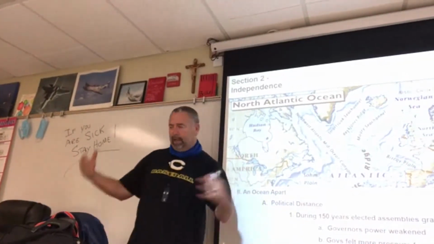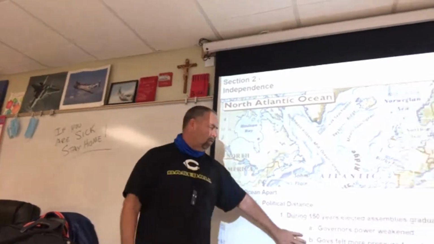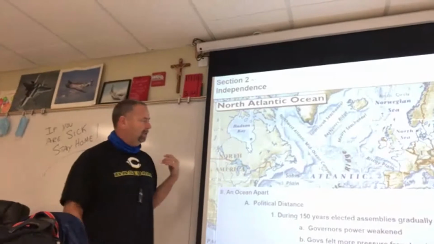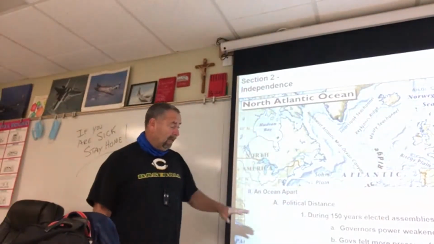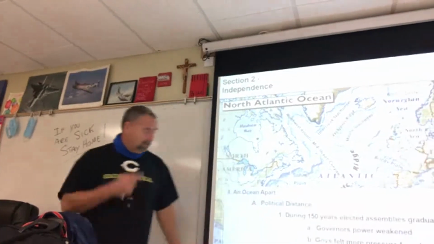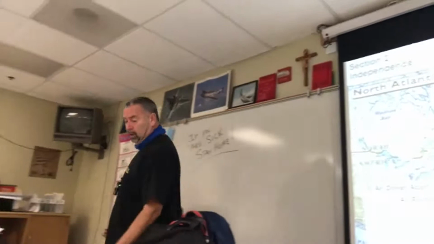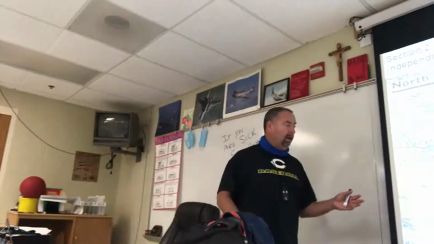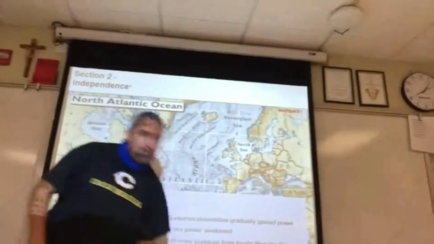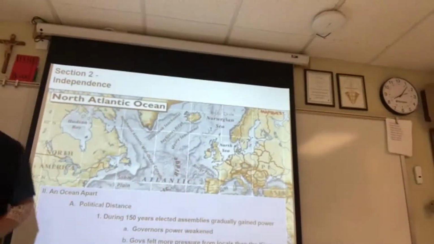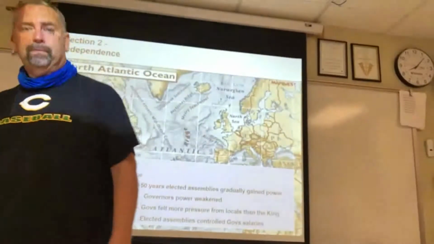The governors that ran the colonies, even if appointed by the king, felt more pressure from the locals because the king couldn't manage that. In many cases, these elected assemblies controlled the governors' salaries. So if they controlled the governor's salary, then they had to listen to the people.